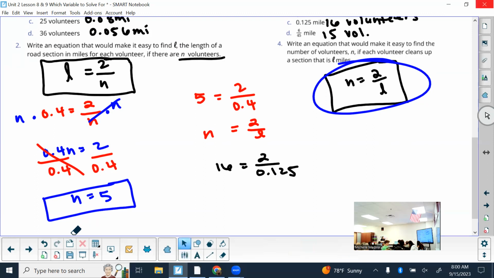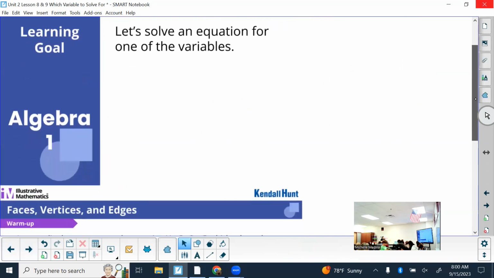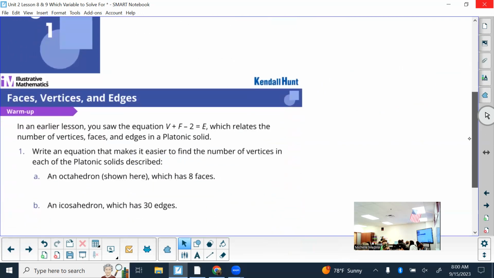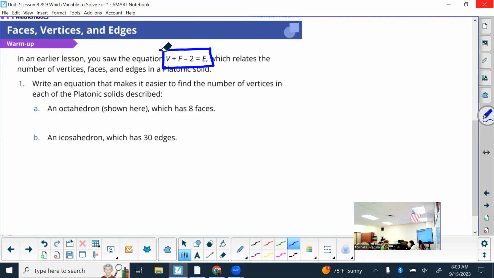All right, so then let's try another one. It's more on lesson 9 now, which is the same. Let's solve an equation for one of the variables. All right, so there is this equation, and what it represents, you don't really need to know in depth. But you're given this equation and it relates the number of vertices, faces, and edges in a platonic solid.